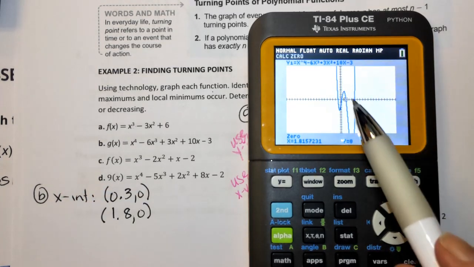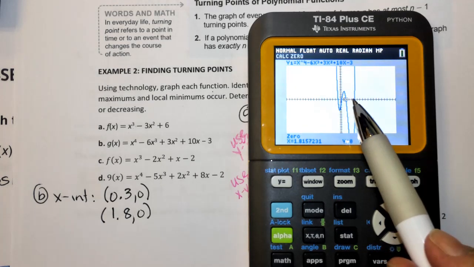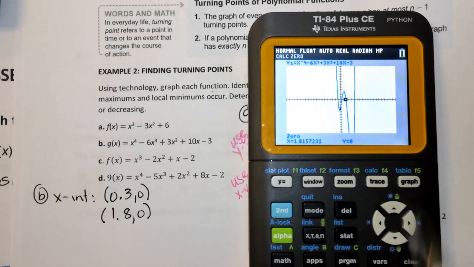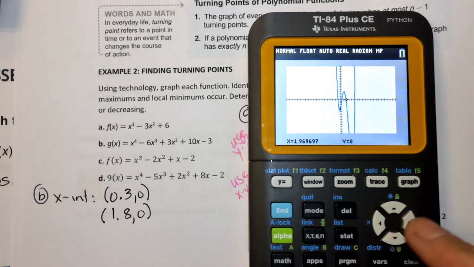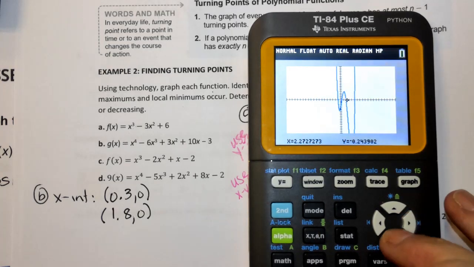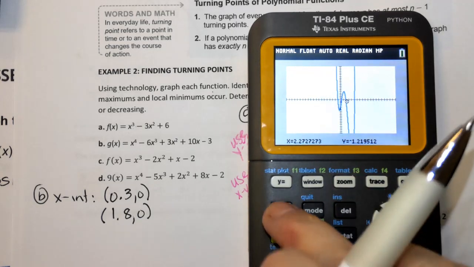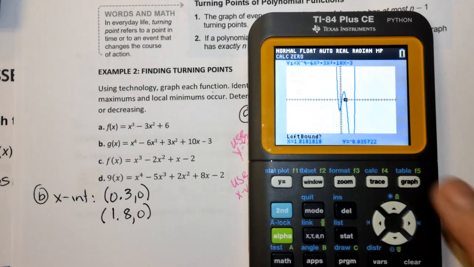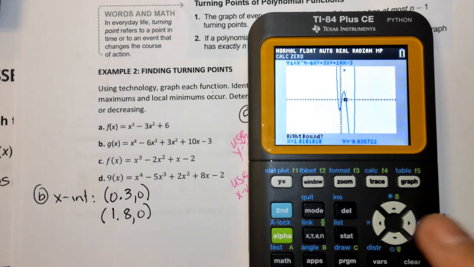All right, and we have one left. So that one looks like it's going through 1, 2, 4? But let's see for sure. All right, so let's go over just a little and hit calculate zero, and we want it there, and then there.